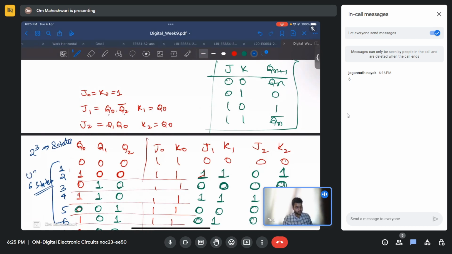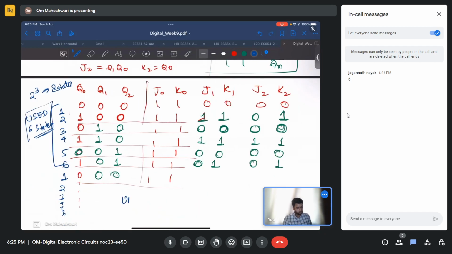The 6 are used states. So unused states are 8 minus used, that is 8 minus 6, which is 2 states. And which are those 2 states?